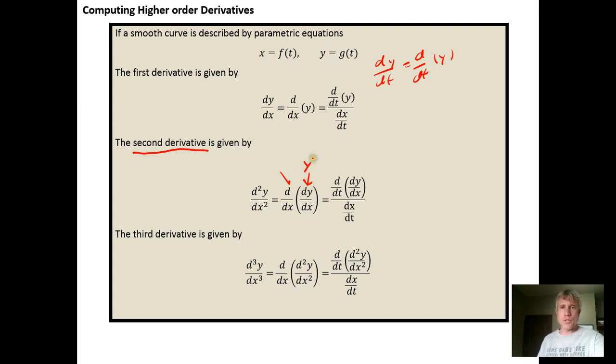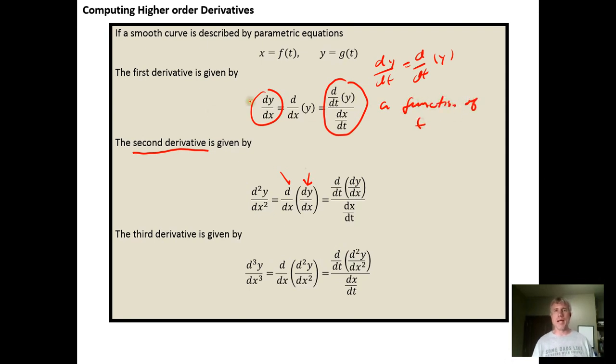Remember, when you do dy dx in the parameterized form, dy dx is going to be a function of t. So you repeatedly apply this theorem: this is really y prime, and I want to know the derivative of y prime. So take the time derivative of y prime divided by x prime of t, or dx dt.